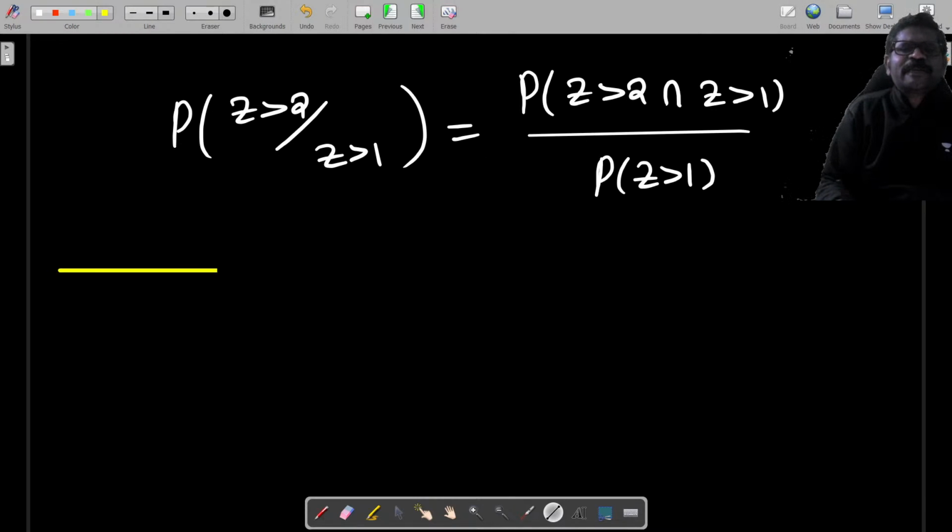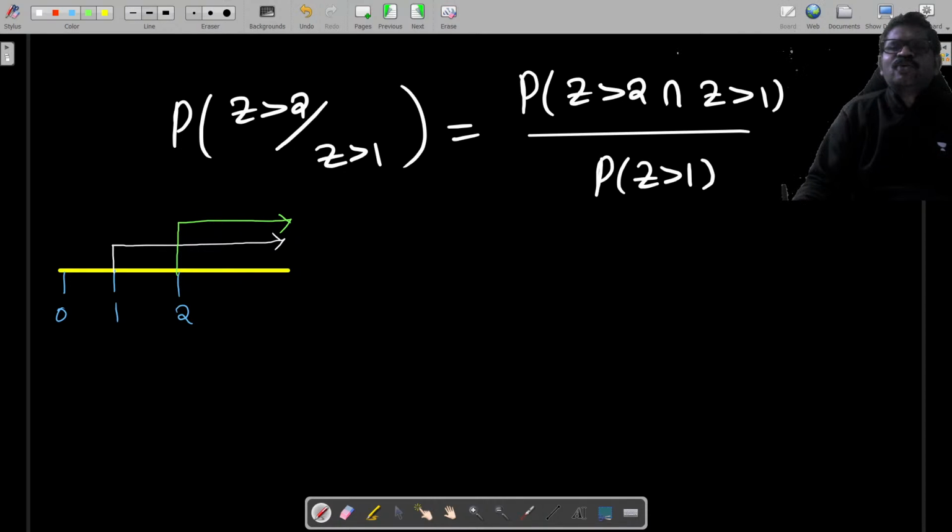Observe here. Suppose this is 0, this is 1, this is 2. Z greater than 1 means the right side of 1. Z greater than 2 means the right side of 2.